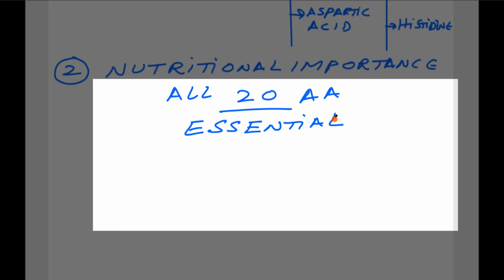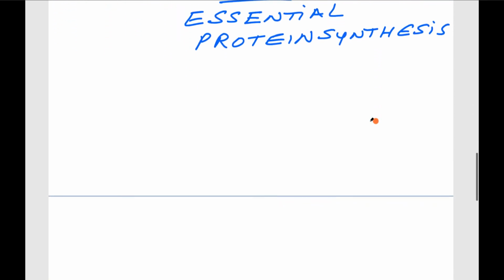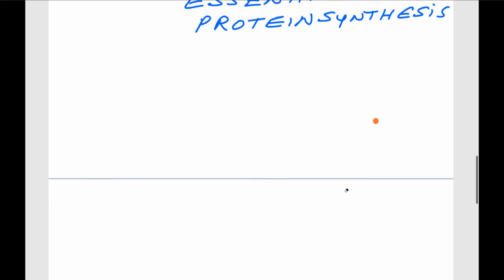All 20 amino acids are essential as far as protein synthesis is concerned. For the synthesis of any protein, all 20 amino acids must be there at the site of protein synthesis. When all the 20 amino acids are required for protein synthesis, why do we call some amino acids essential, whereas we call some other amino acids non-essential?